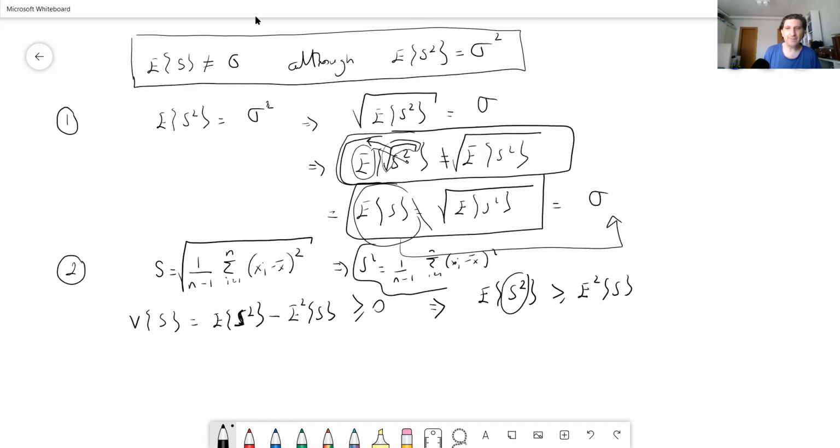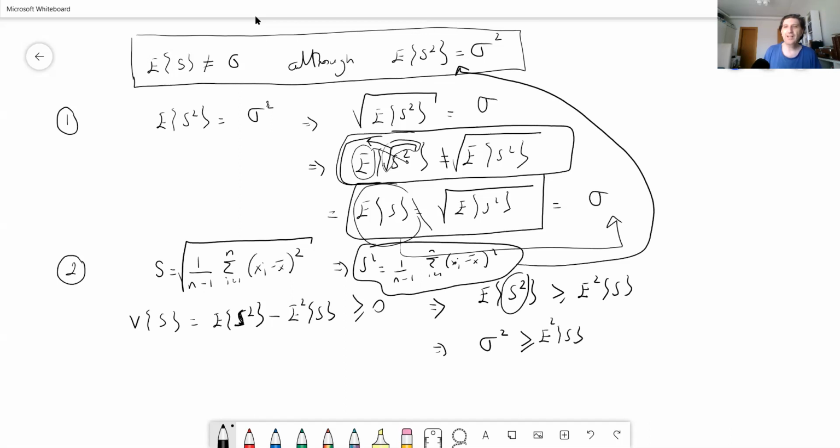This is the sample variance. And we know that expected value of sample variance is equal to population variance. This is going to be greater than the square of expected value of S. If you take the square root of both sides, you are going to have expected value of S smaller than or equal to the population standard deviation.